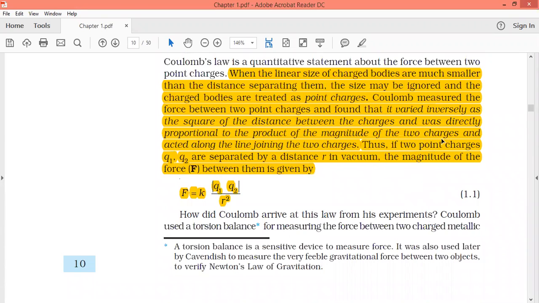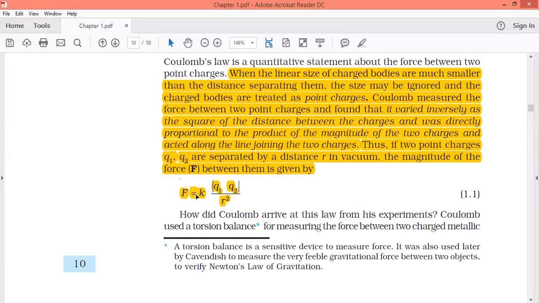We have taken two charges Q1 and Q2 separated by a distance r. You have to remember that we will be discussing these two charges placed in vacuum only. It is not placed in any other medium. So in that case, F is proportional.